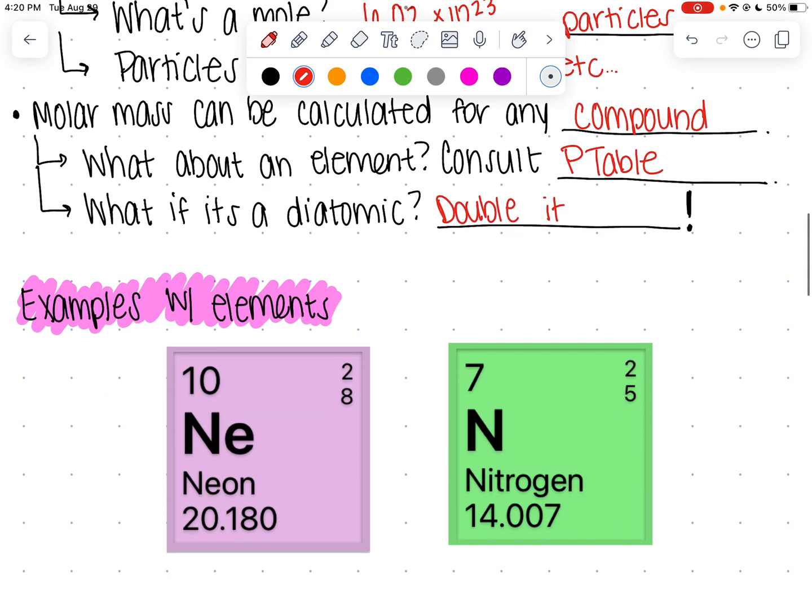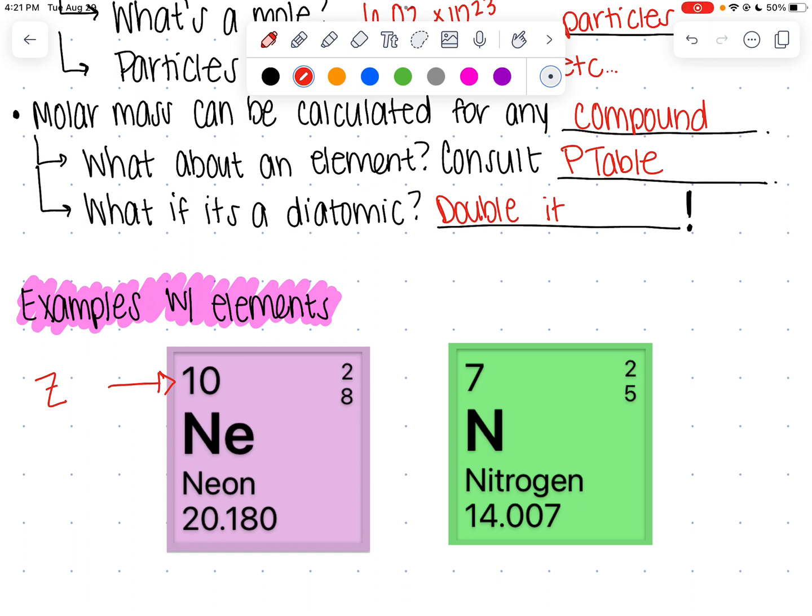So let's do a quick couple of examples. So here's some element tabs that I've pulled from ptable.com. These are elements neon on the left, nitrogen on the right. So quick review of the structure of these element tabs that we've seen before. This number up at the top is your atomic number, represented by the letter capital Z. Atomic number represents number of protons. It gives the element its identity.